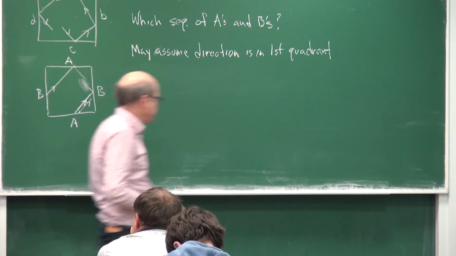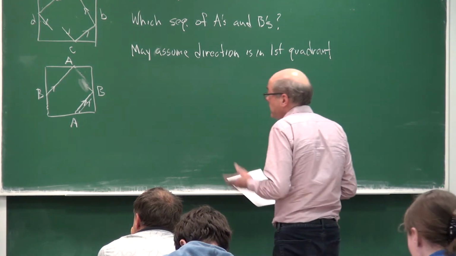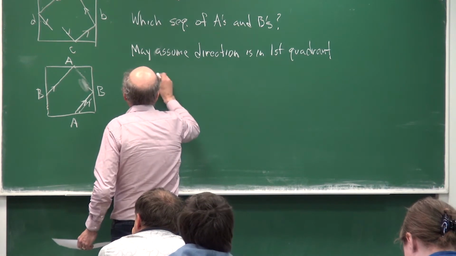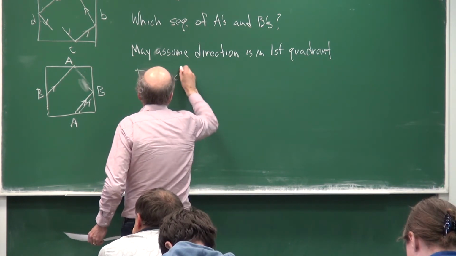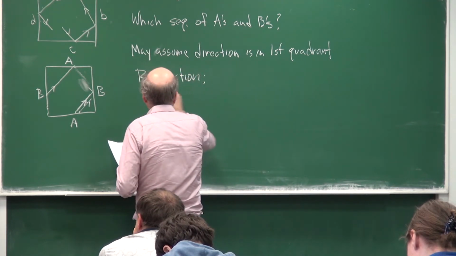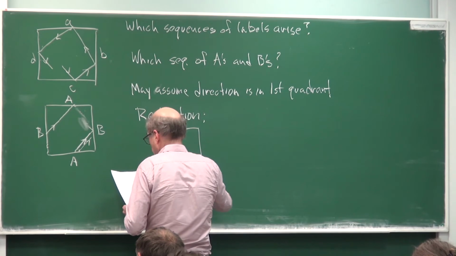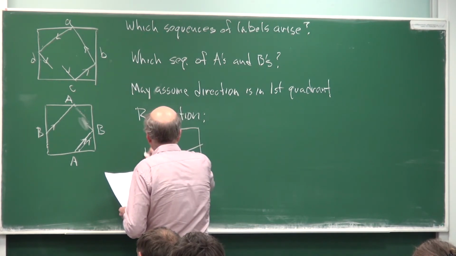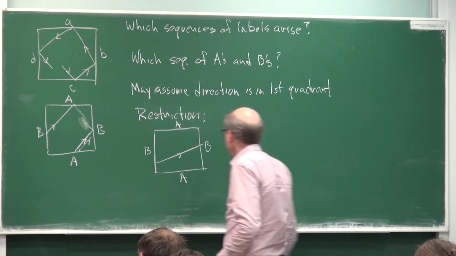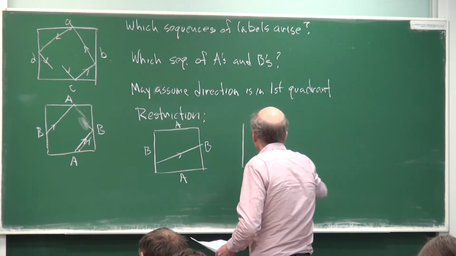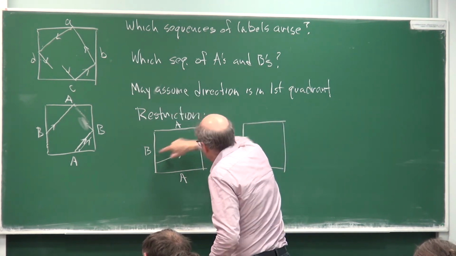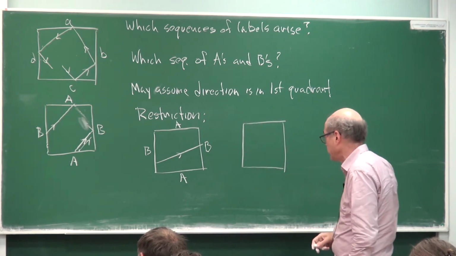Now let me observe that we can see immediately a certain restriction on the possible sequences. If at some point in our sequence we see two B's in a row, well, we know subsequent pieces of the trajectory have exactly the same angle.